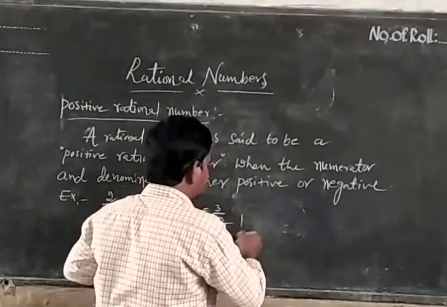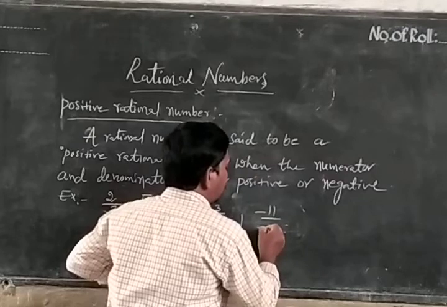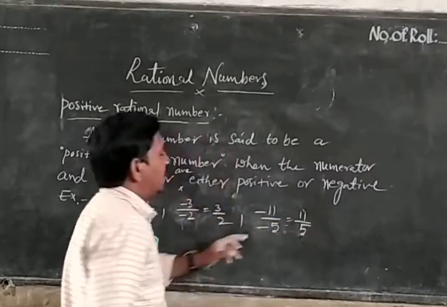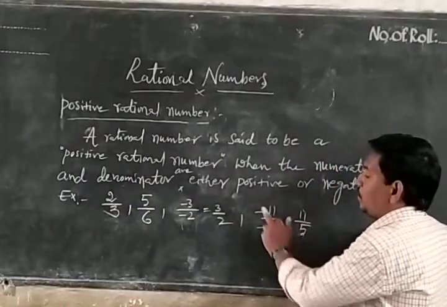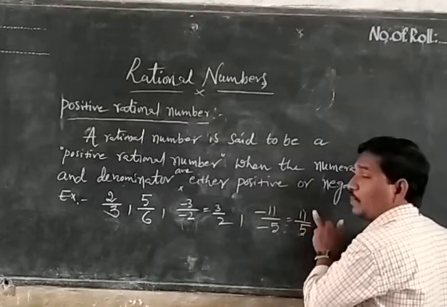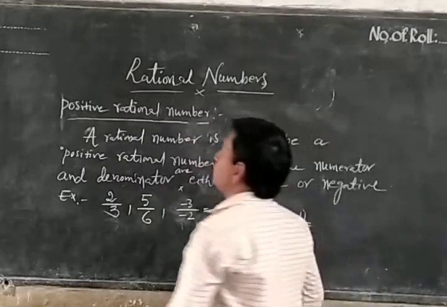It is a positive rational number. And also minus 11 by minus 5, that means 11 by 5. So, the numerator is negative, the denominator is also negative. Minus into minus is plus. So, minus 11 by minus 5 is nothing but 11 by 5. So, 11 by 5 is a positive rational number.